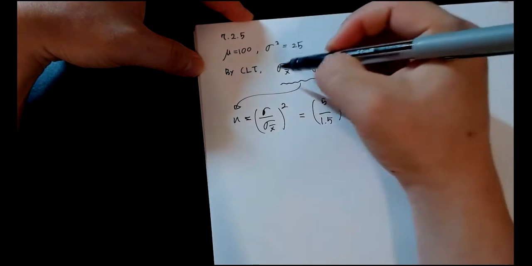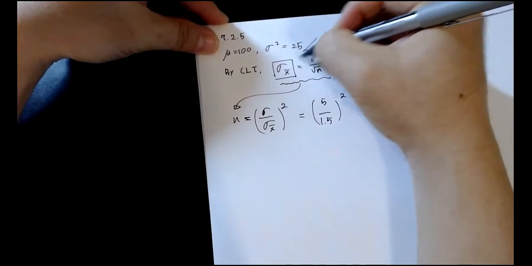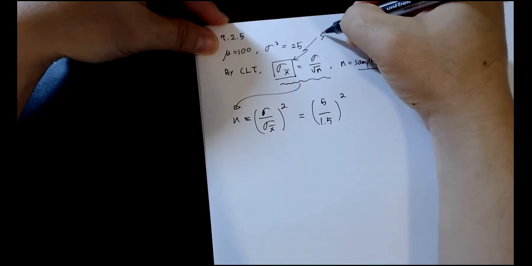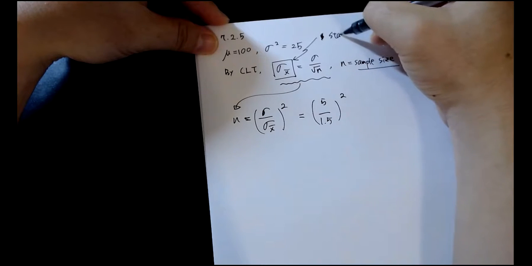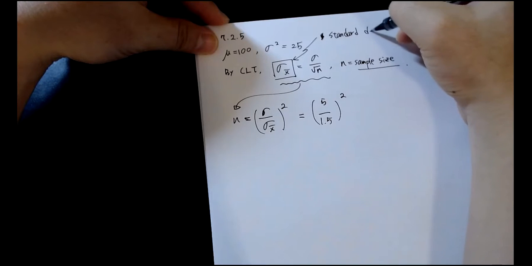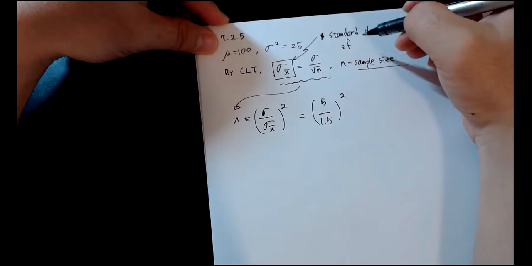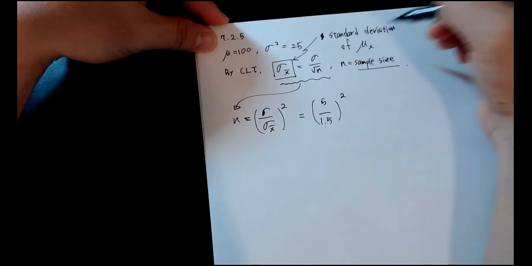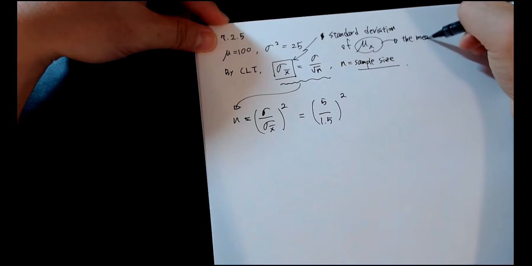Oh sorry, this is the sigma x bar, the standard deviation of the sample mean, mu x bar, where mu x bar is the mean of sample means.